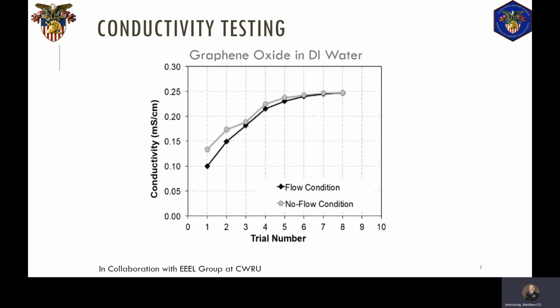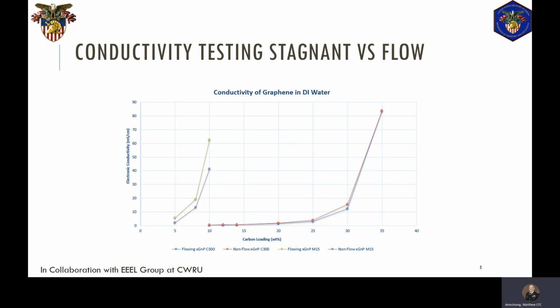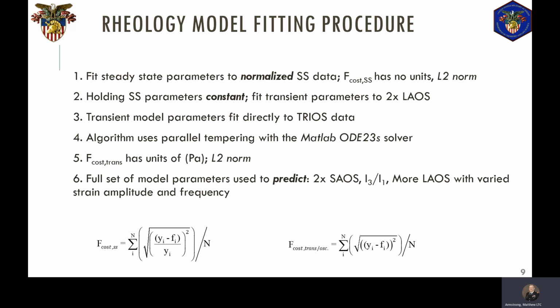This is some data that validates what we already believe, that it does undergo various changes in conductivity based on suspension and concentration of suspension. Again, some more conductivity testing to validate that this material is ripe for investigation using the soft matter interrogation tetrahedron.